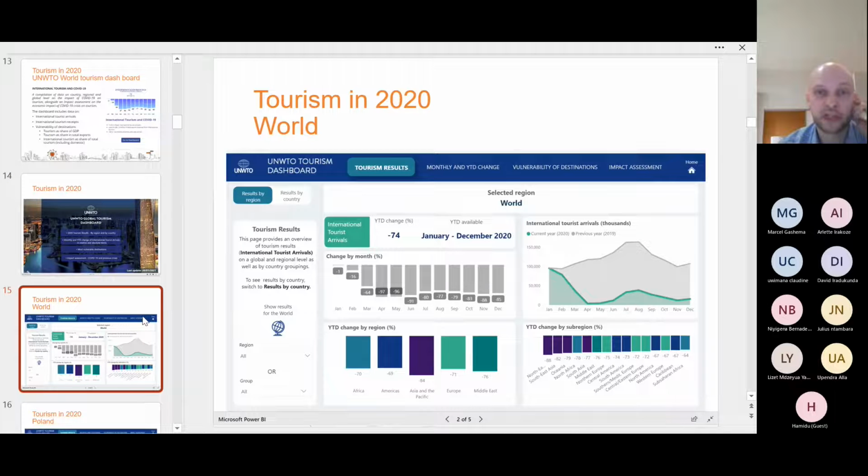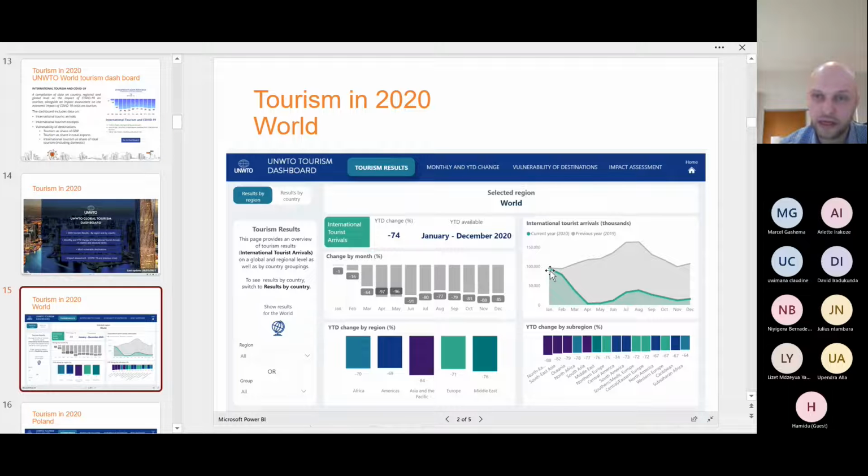So tourism in 2020, you can go to the official website of UNWTO. Then you can select the information or data material, and then you need to choose dashboards. There are several dashboards to choose from. This one illustrates the international tourist arrivals.